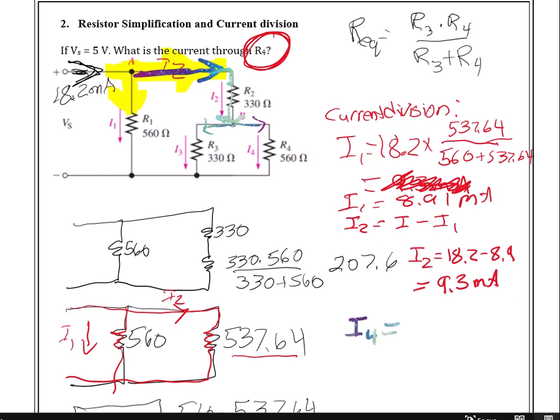So I4 is going to equal 9.3 milliamps, because that's the current coming into that split, times the parallel resistor, which is 330, over the sum of the two resistances, which is 330 plus 560. And when you do that, you get 3.45 milliamps.